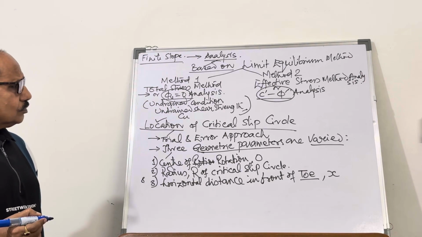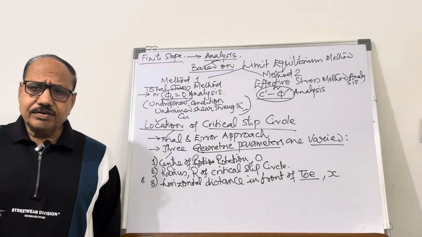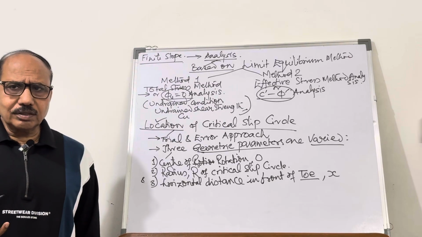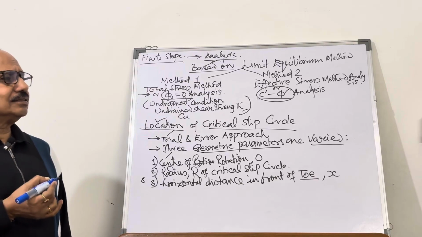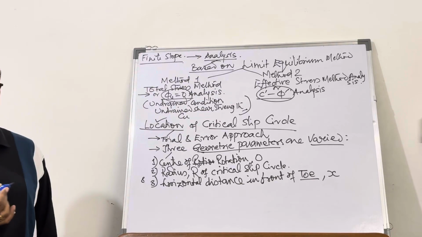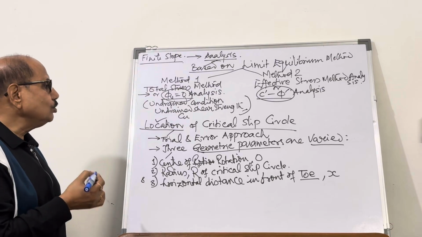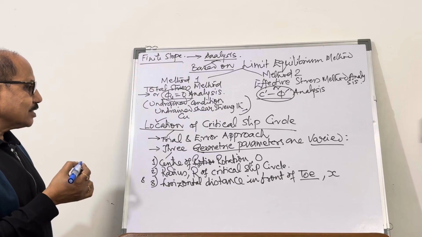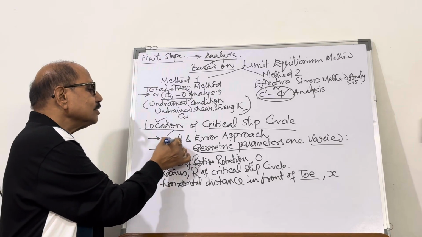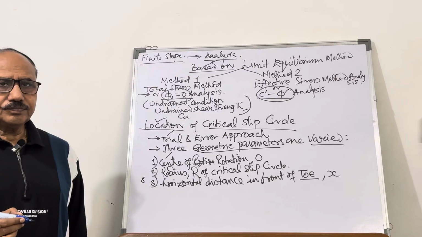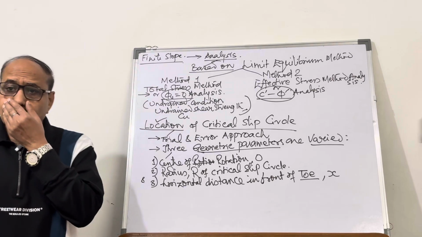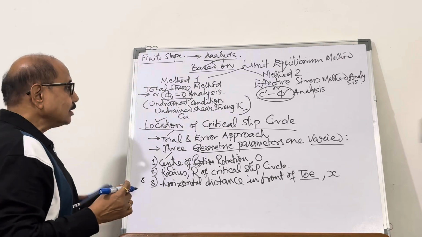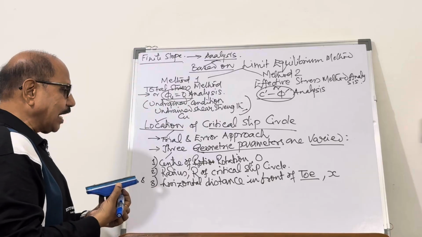Now, many researchers, particularly Fellenius and Jumikis, have carried out a lot of tests, and certain patterns in slip circle behavior will help you in locating the critical slip circle and minimizing the trial and error. So, very important, what are those certain patterns?